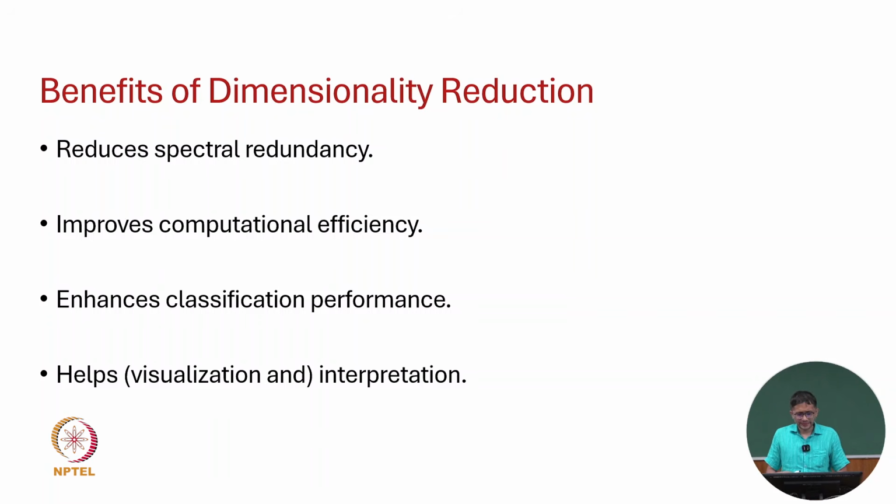Again, I'm making it clear that whether it will improve the classification performance or not really depends on the application. If we just end up dropping bands like that, then what's even the purpose of having hyperspectral images, right? Another aspect is visualization and interpretation, which becomes much easier, much more convenient with fewer bands.